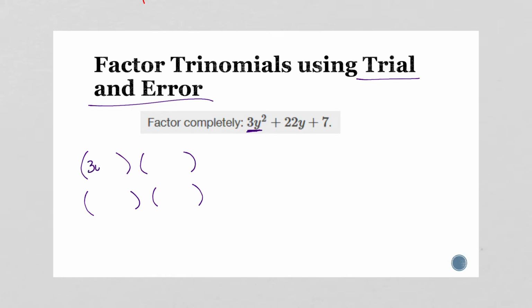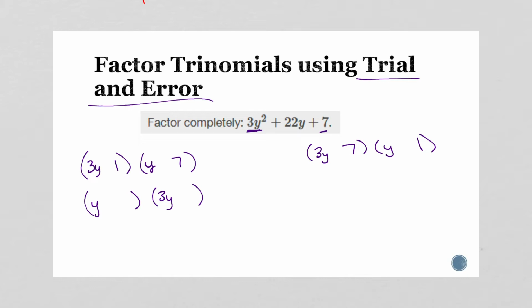Well, we can write that as 3y and y, or we can write it as y and 3y, right? What are the ways that we can write 7? Well, we can write it as 1 and 7, or we can write it as 7 and 1, right? Okay.